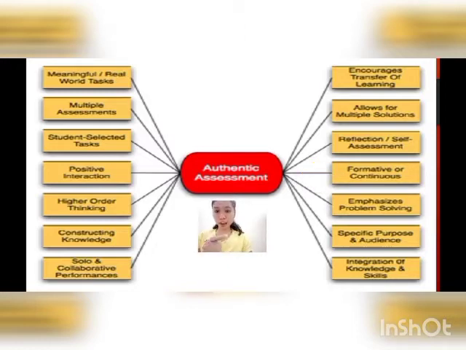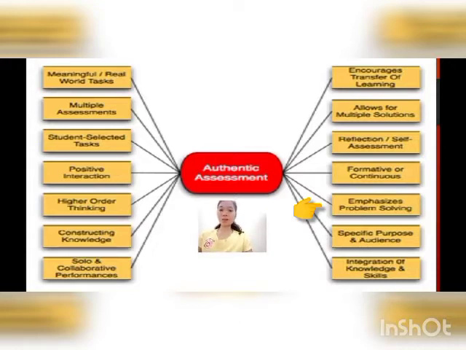And another is the emphasis on problem solving. In authentic assessment, there is an emphasis on problem solving because authentic assessment is a real world task. So they need to emphasize how they solve the specific problem.